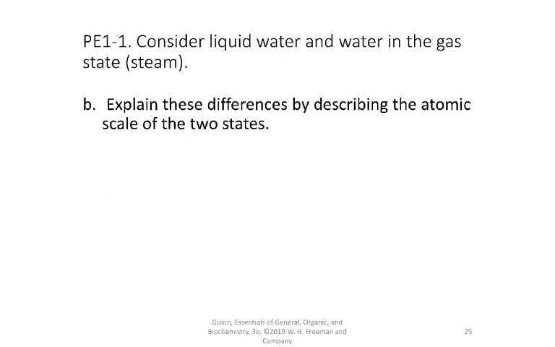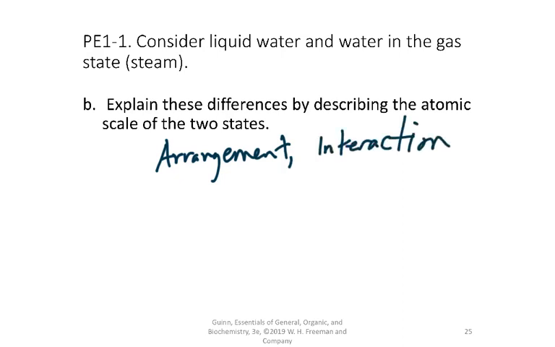Next question. Explain these differences by describing the atomic scale of the two states. So here we want to be thinking about arrangement and interaction. How are the atoms or the particles on the atomic scale arranged, and do they interact? We didn't do it this way before, but we could set up another table and say liquid particles.